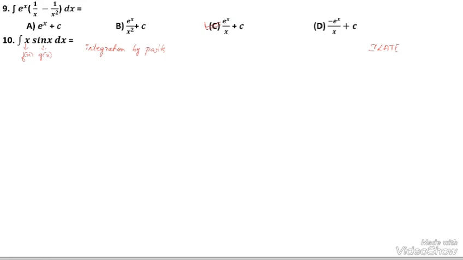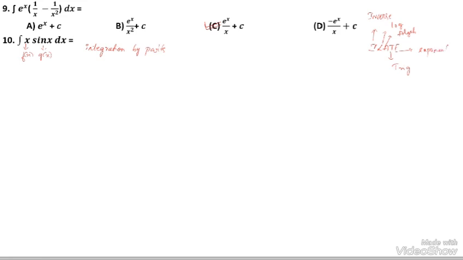What do you mean by ILATE? We have to check which is the first function and which is the second function. I means inverse trigonometric: first preference for inverse trigonometric, second preference for logarithmic function, third preference for algebraic function, fourth preference for trigonometric function, and last preference for exponential function.